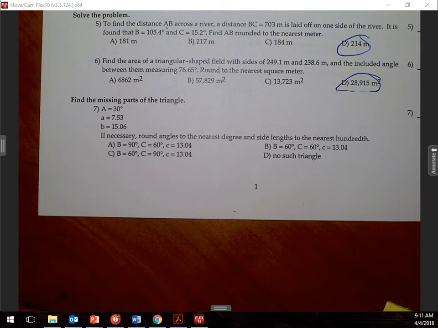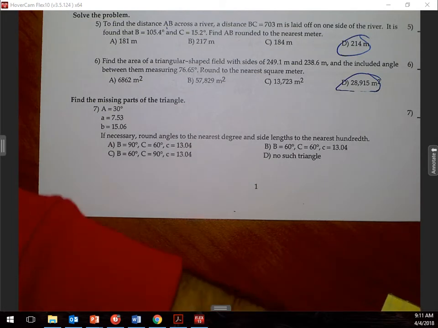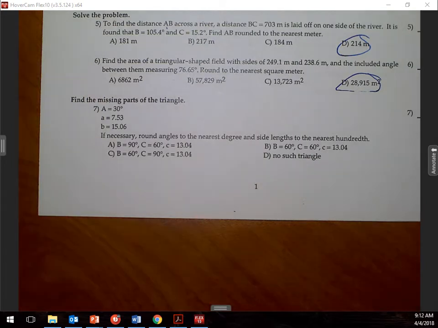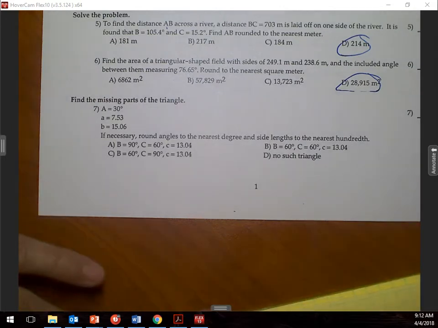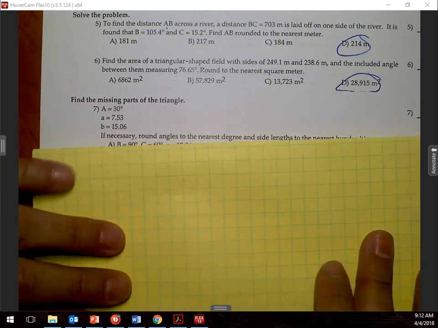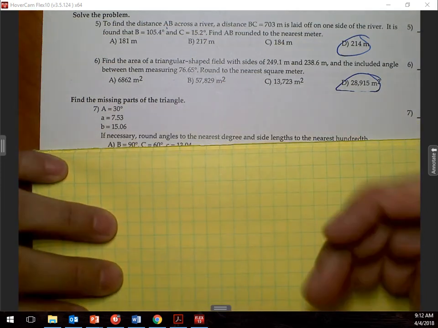All right, find the missing parts of the triangle. So let's see, what parts do we have and what parts are we missing? I'm missing little c and big B. So right here, draw the triangle.